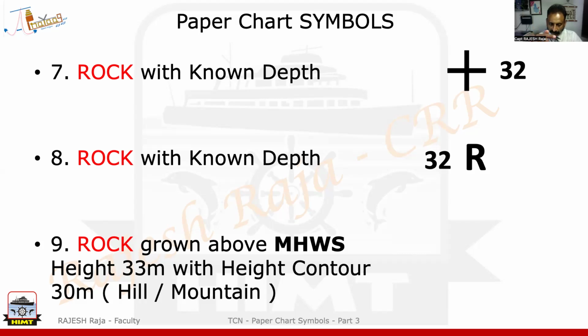And he's showing you a height contour. Height contour again is measured from your MHWS. So it might look like this, 33. And you can see that circle or whichever shape it is, it shows you a 30 meters contour. So that is a normal way of showing any land also. If you remember, any land is shown with the same color.